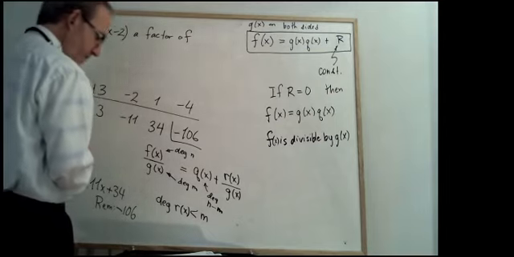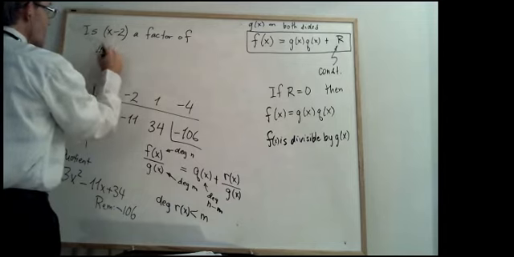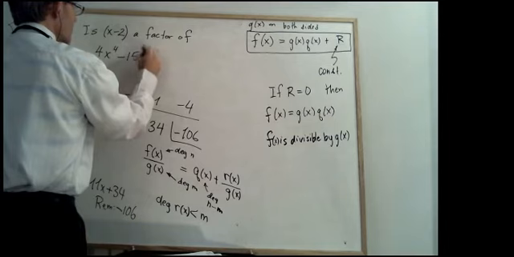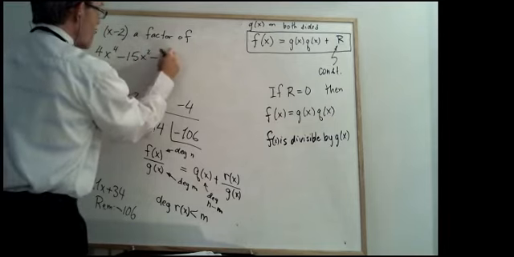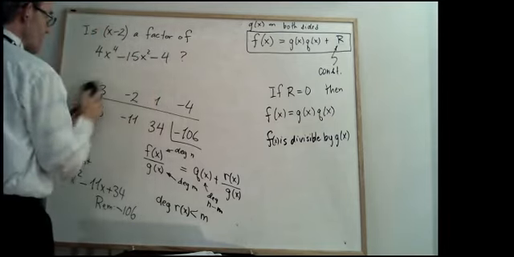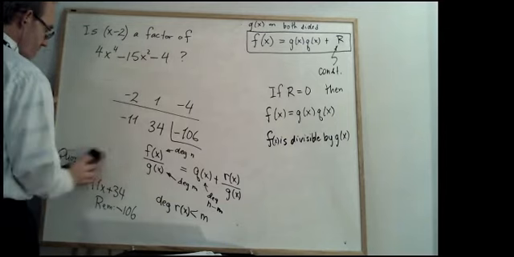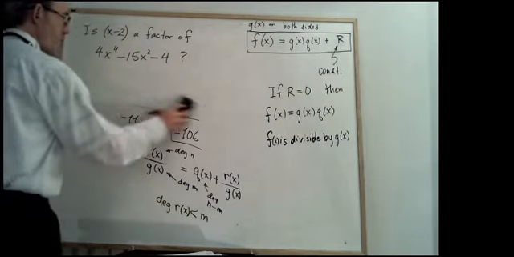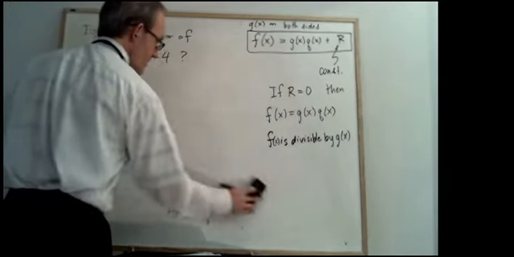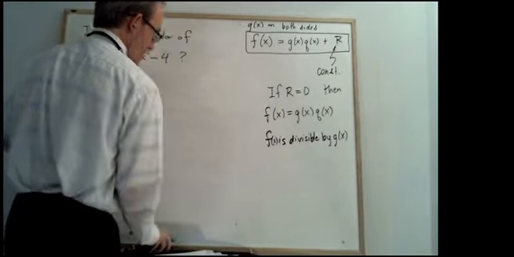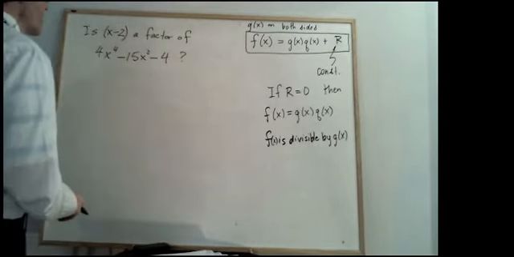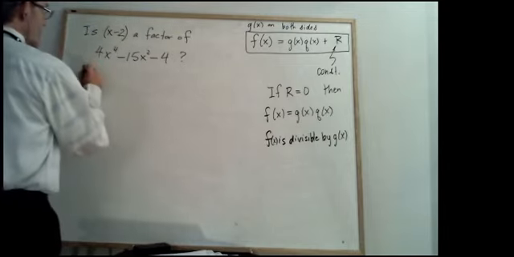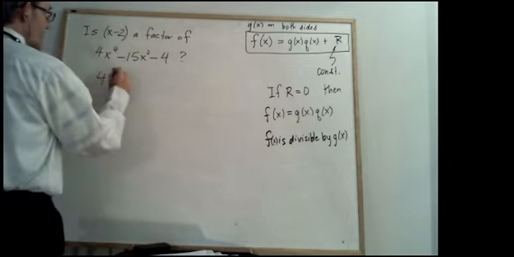Is x minus 2 a factor of 4x to the 4 minus 15x squared minus 4? Okay, so one way to do it is simply to divide this by this. And I can use synthetic division to do that.